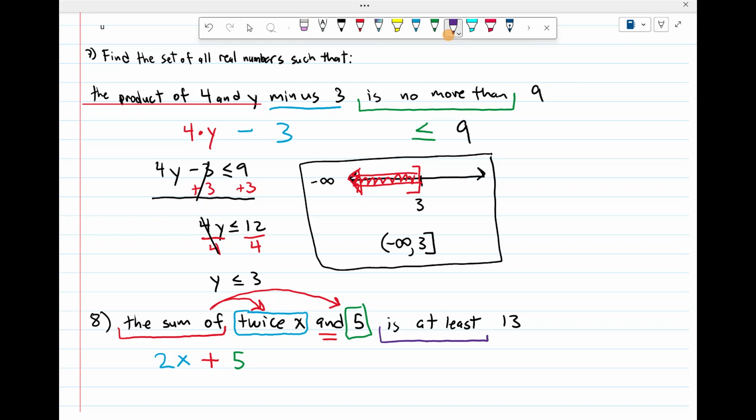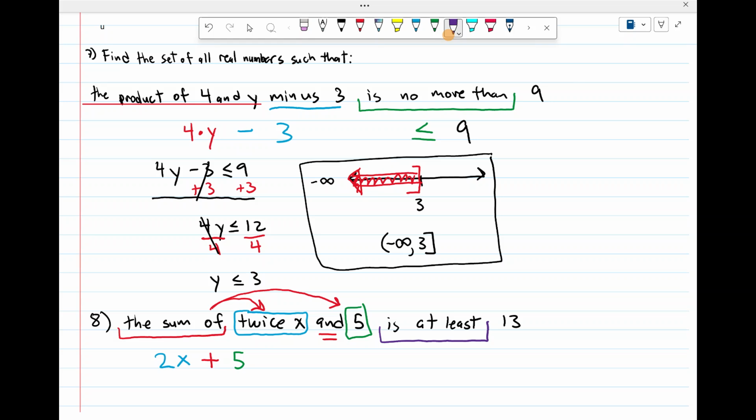Is at least 13. Now, if it's at least 13, let's think of a scenario. Let's say that I am selling a baseball card, and I say to myself, I want to make at least $13 when I sell this baseball card.